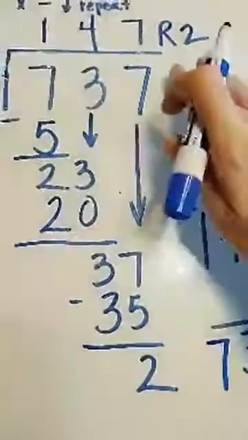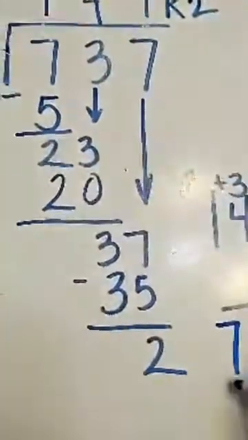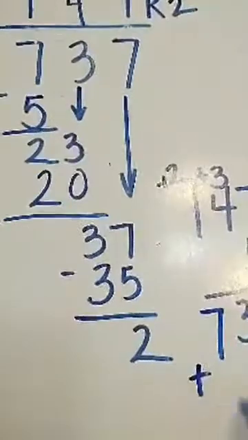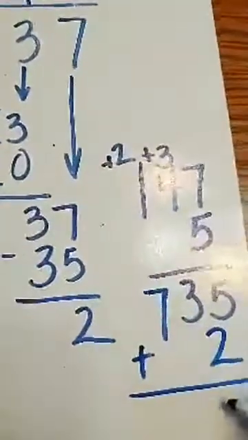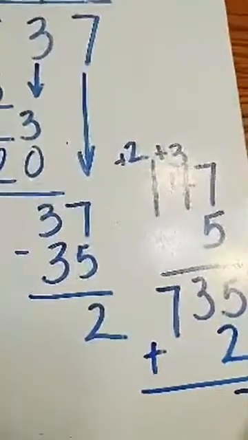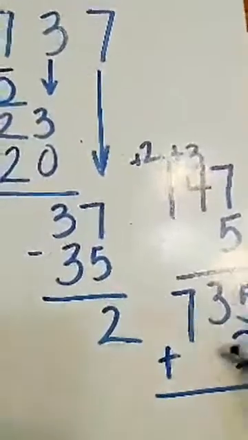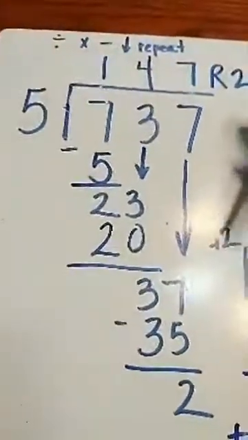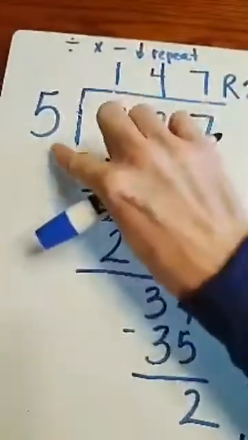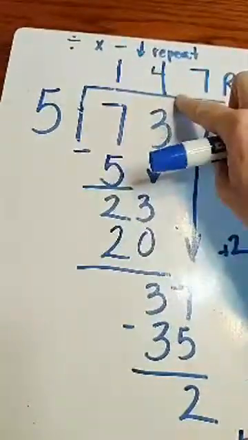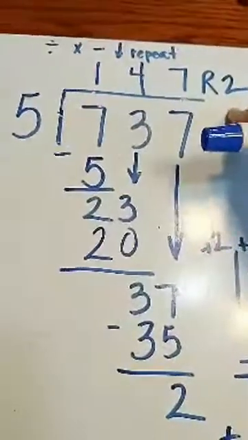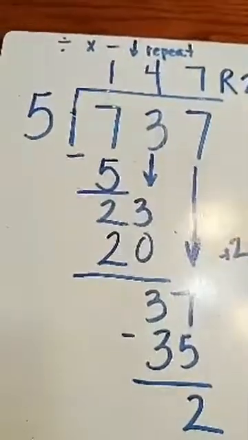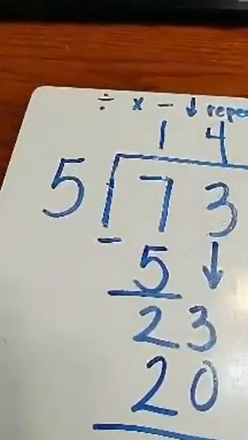Well, we're not done yet because we still have a remainder. So we then add the remainder to our number. 5 times 7 plus 2, 737. When you have a remainder and you want to check that, you multiply your divisor times the quotient, and then you add your remainder to it.